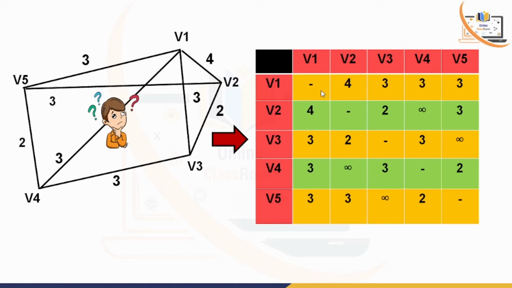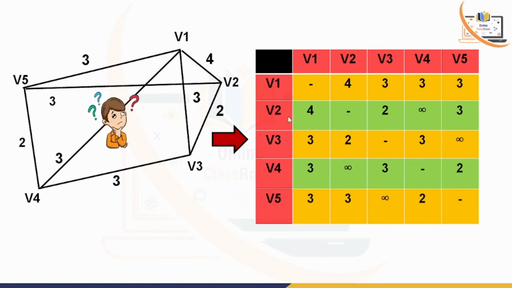V1 is connected with V2, corresponding weight is 4. Next, V1 is connected with V3, weight is 3. V1 is connected with V4, weight is 3. And V1 is connected with V5, corresponding weight is 3. So we fill up the first row.